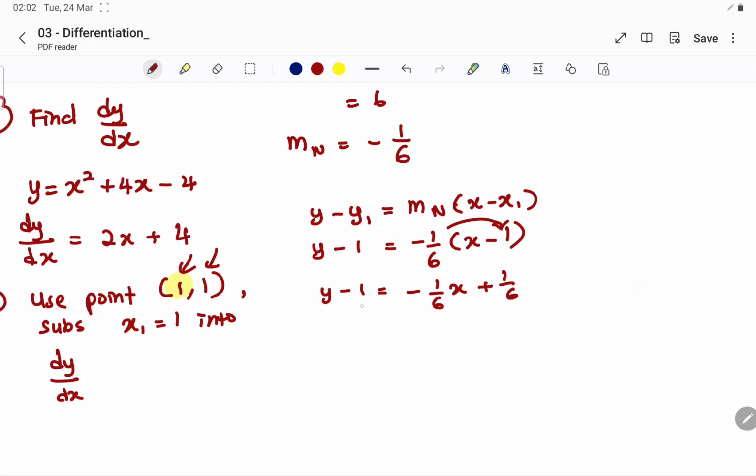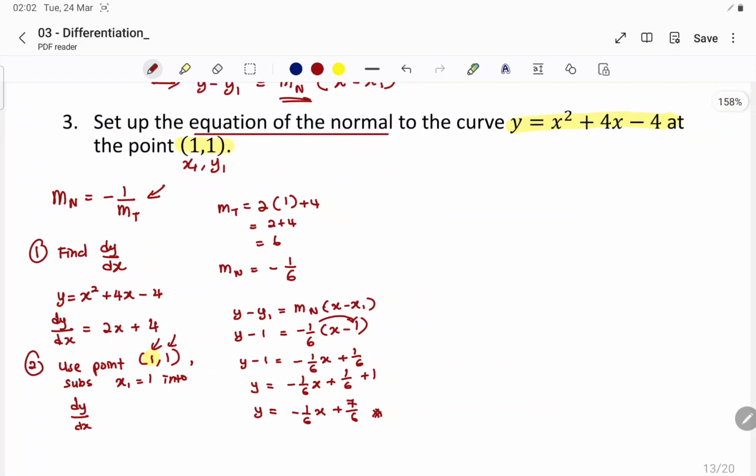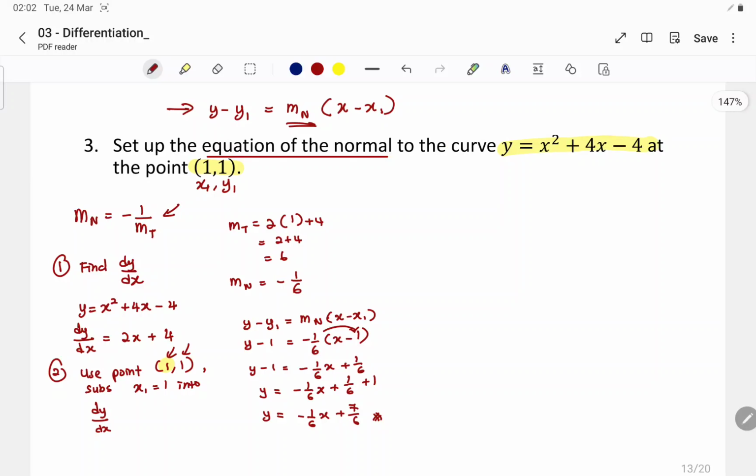Then you bring negative 1 to the right side, you're going to get y equals negative 1 over 6 x plus 1 over 6 plus 1. Then the final answer you're going to get is negative 1 over 6 x plus 7 over 6. So the equation of the normal is y equals negative 1 over 6 x plus 7 over 6. Okay.